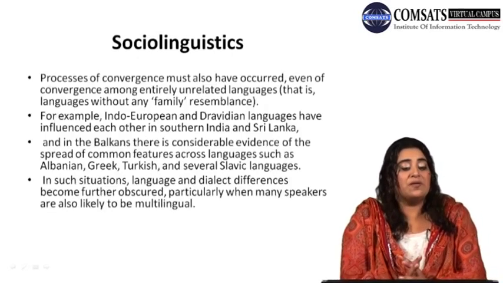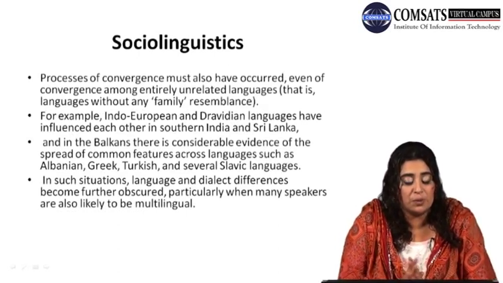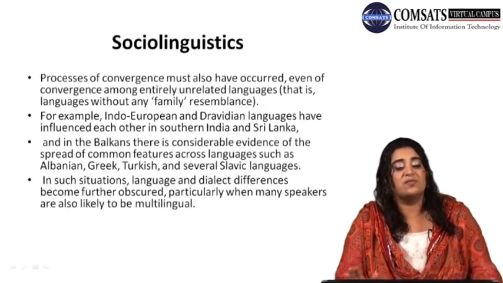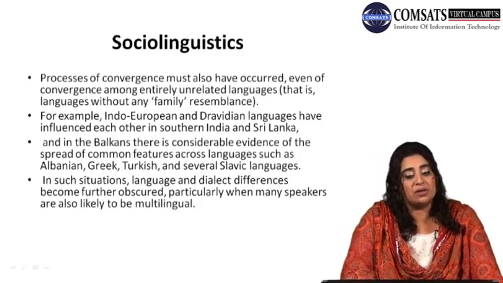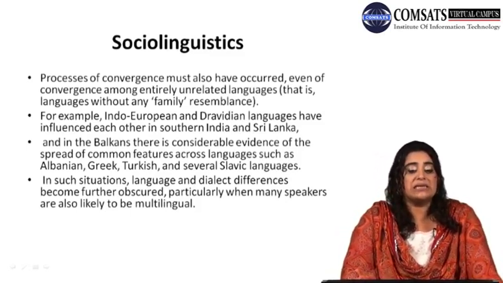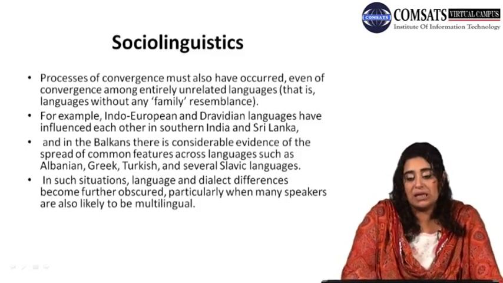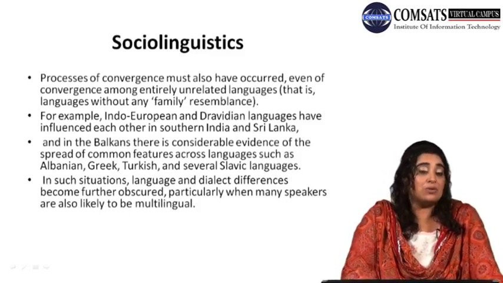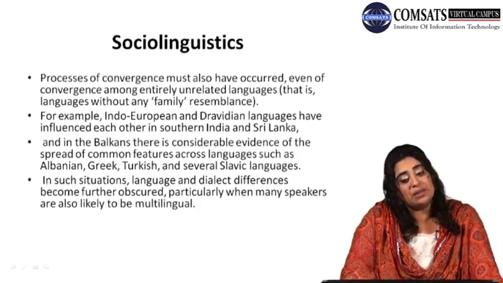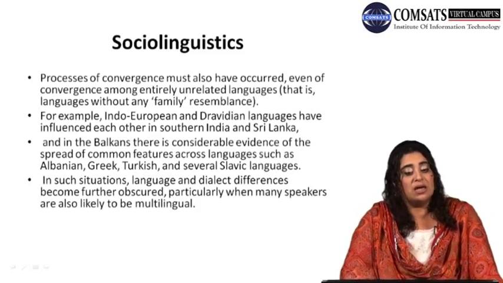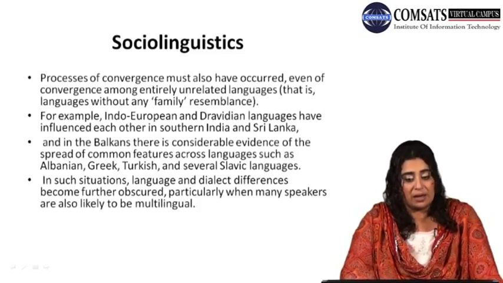Now, processes of convergence. When we study processes of convergence, we would say that they must also have occurred, even among entirely unrelated languages, that is, languages without any family resemblance. For example, Indo-European and Dravidian languages have influenced each other in southern India and Sri Lanka.